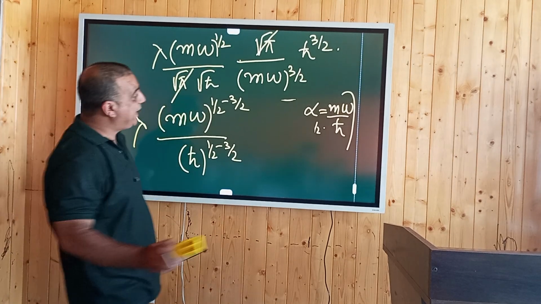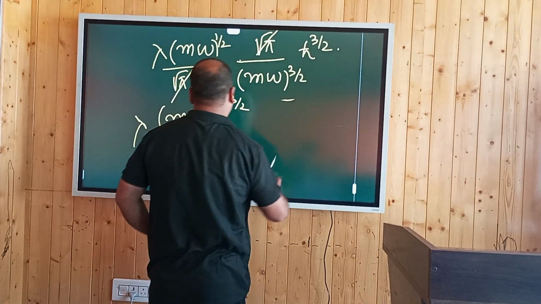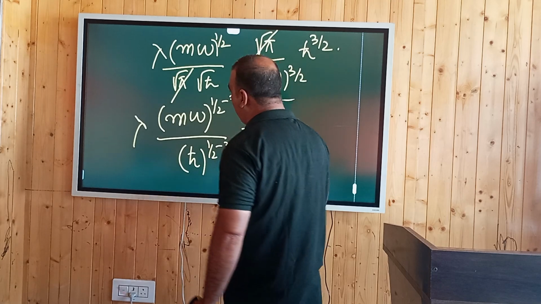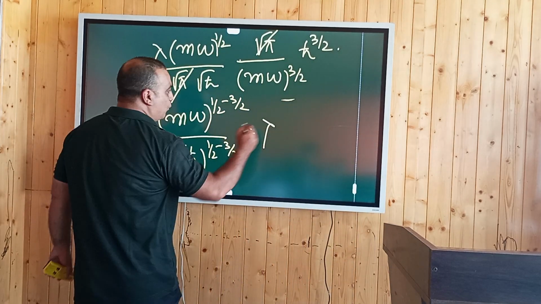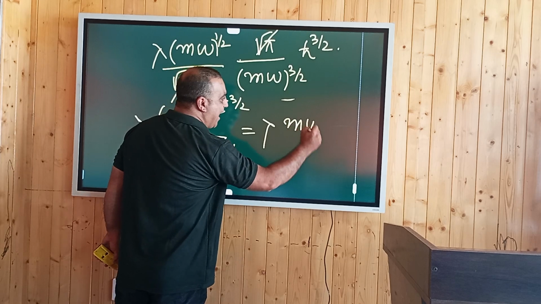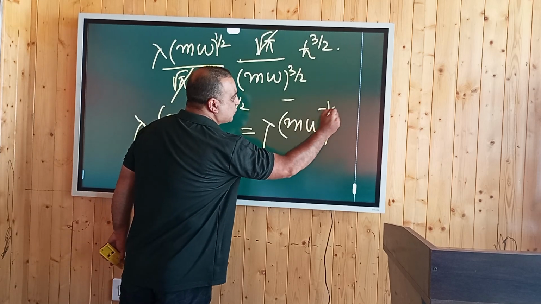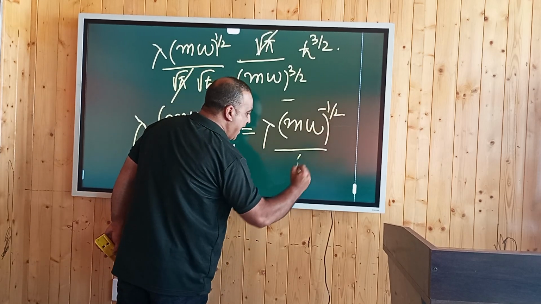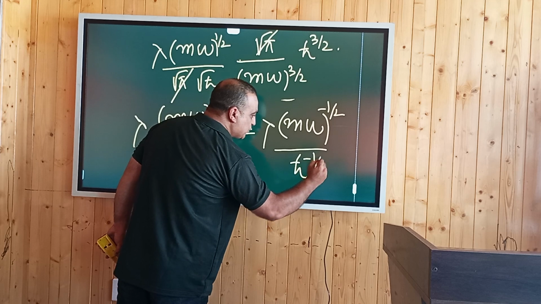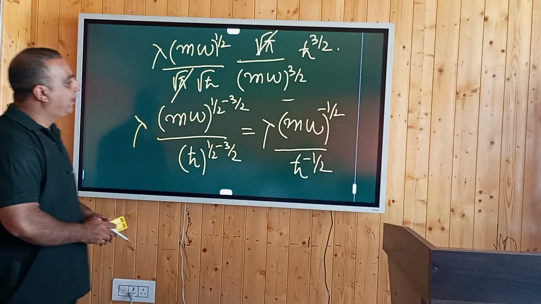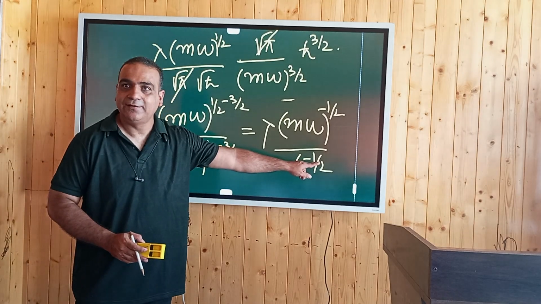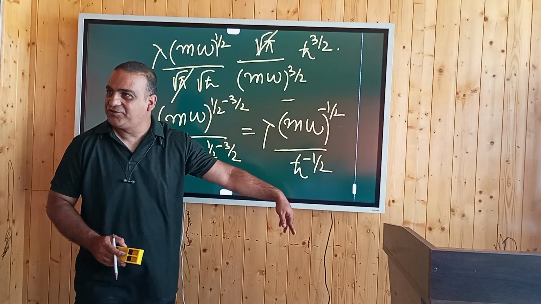Right? So, can I move on? From here, you will have lambda, then m omega raised to the power minus 1 by 2 divided by h cross raised to the power minus 1 by 2. Now we can exchange them.